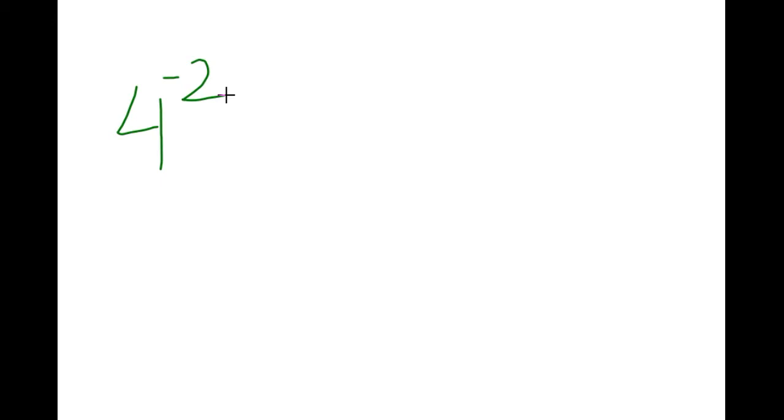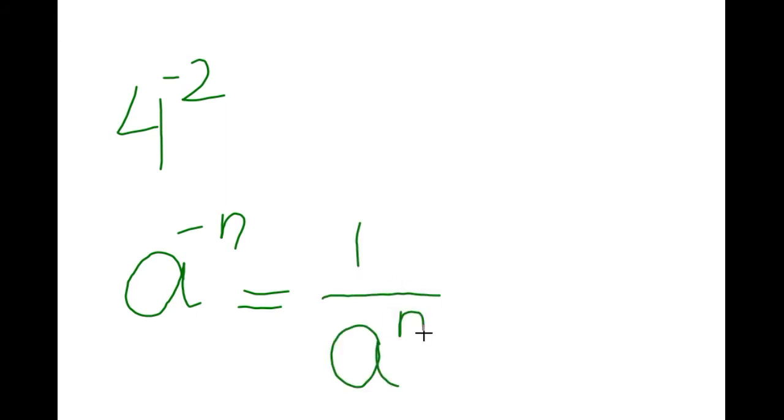Like, let's say, to make it general, we have a being raised to the power of minus n. So this can be put in this form: 1 over a to the power of n.